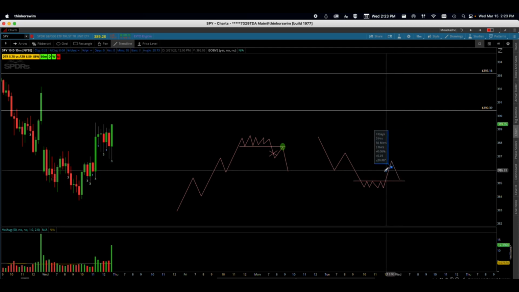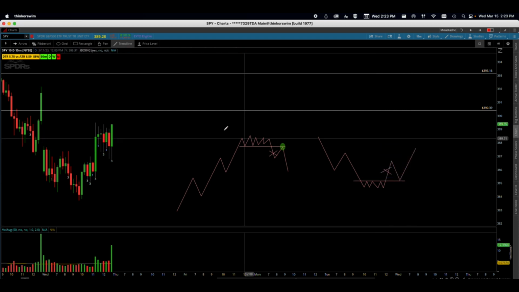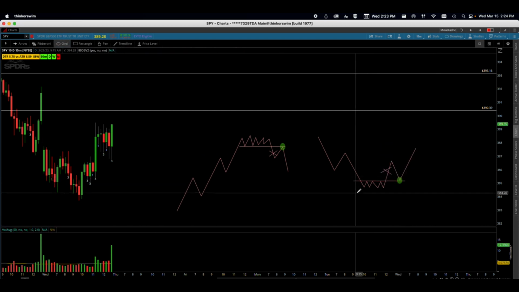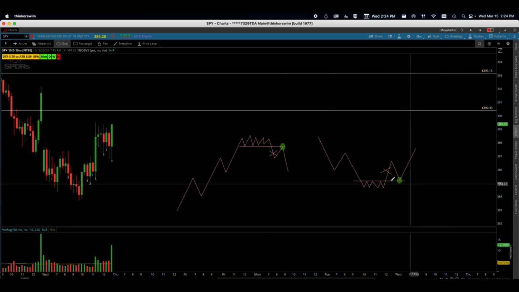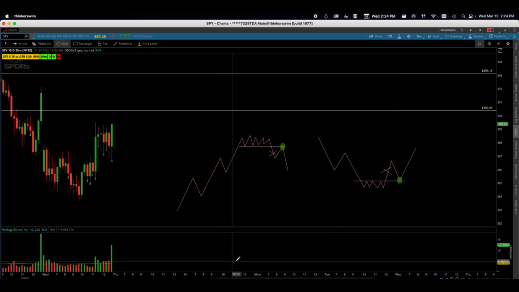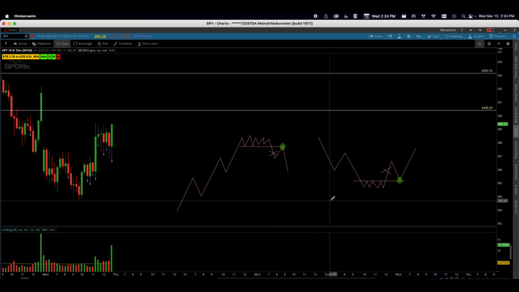And you're not entering here. We're not trying to catch the knife, but we want the retest. So these are my ideal entries because you're going to be able to get more of the move, or most of the move, and that will eventually help you be more comfortable holding longer.